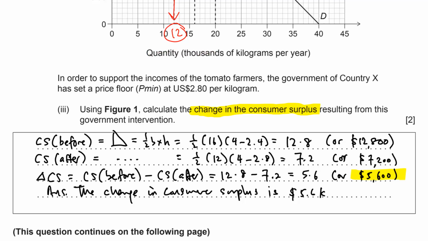So to answer the question, we would say the change in consumer surplus is $5,600 US.